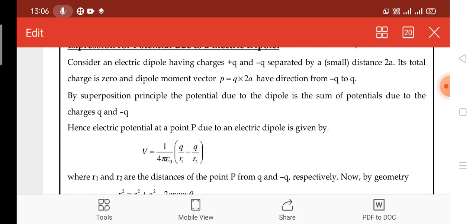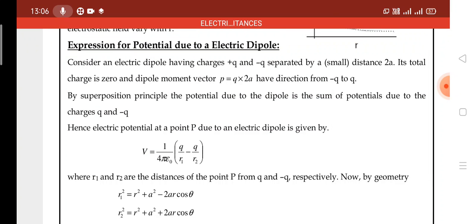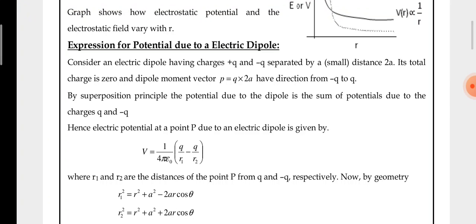Now the total potential due to the dipole at a point P is given by V equals, we can write, V plus q plus V minus q.